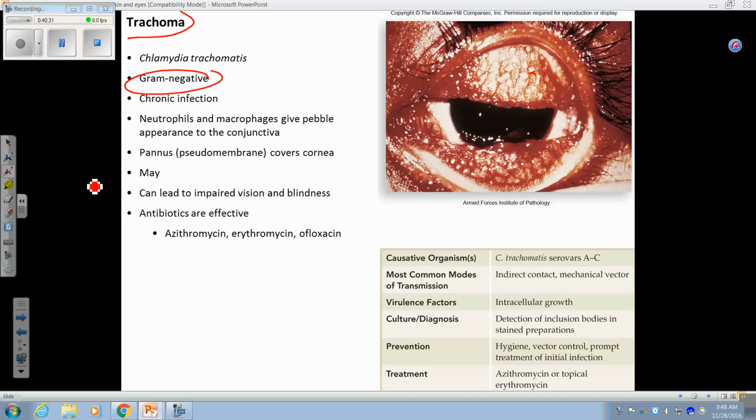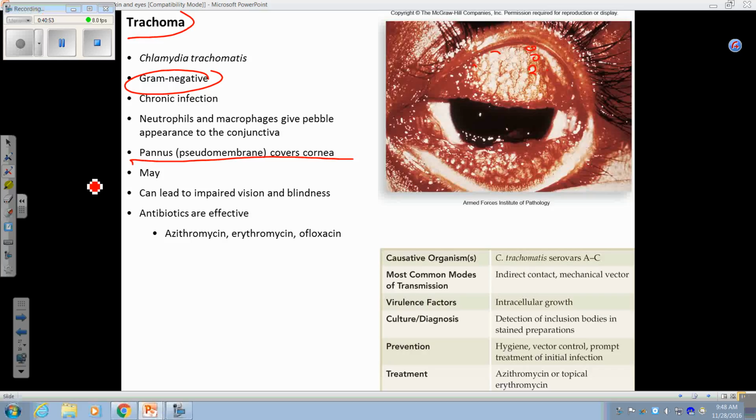See, like pebbles of the conjunctiva. It also may cause a formation of pannus, the pseudomembrane. So the eye slowly becomes obstructed by the pannus, by the pseudomembrane. If untreated, trachoma can lead to blindness in children.